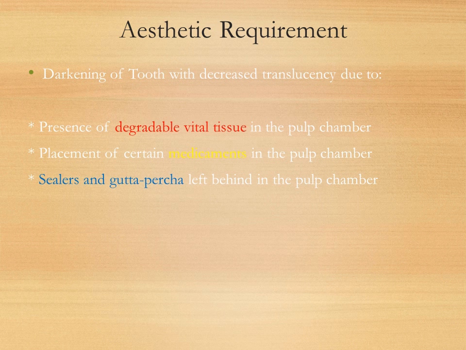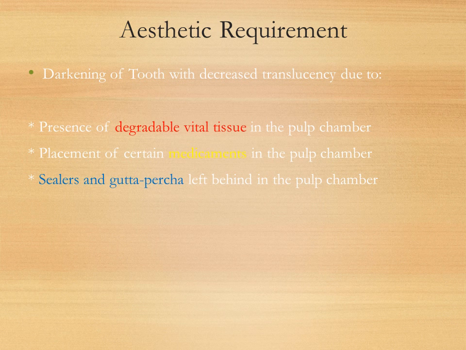The second is when you place certain medicaments in the pulp chamber. In case you have heard of the triple antibiotic paste, sometimes we use doxycycline, sometimes we even powder metronidazole and place it inside the pulp chamber as an intracanal medicament in cases of long-standing lesions, which are not healing with the primary intracanal medicament, that is your calcium hydroxide.